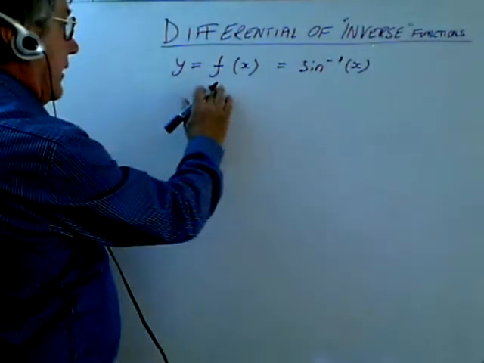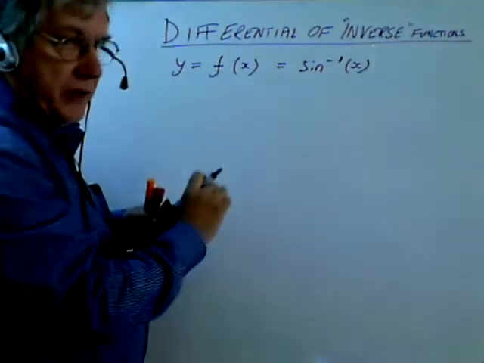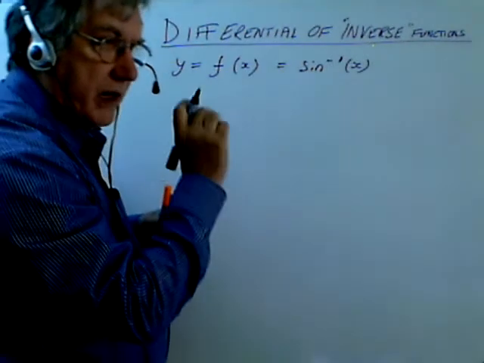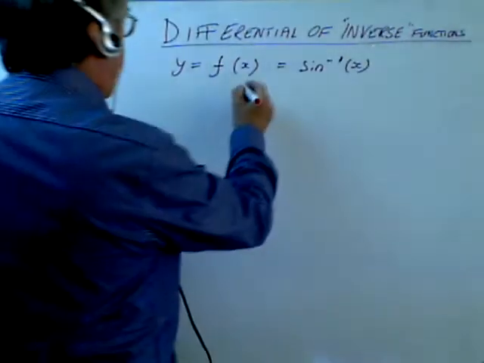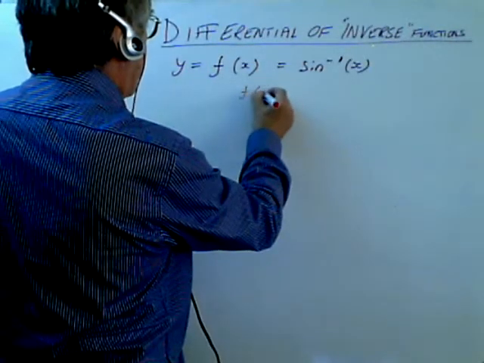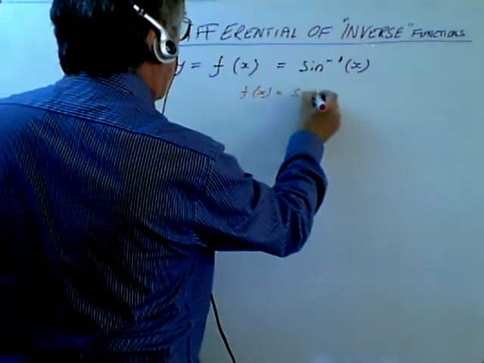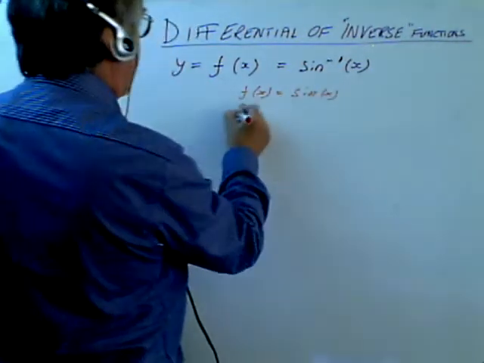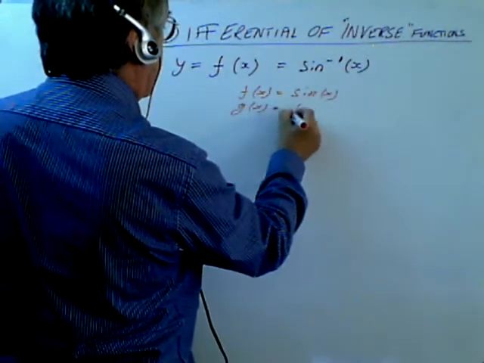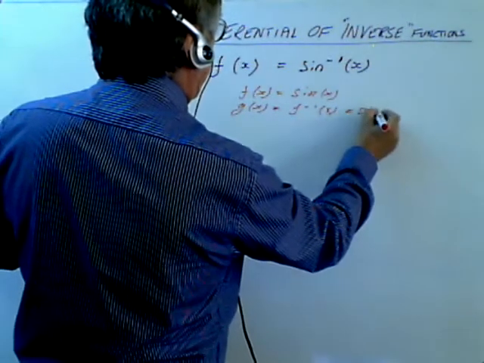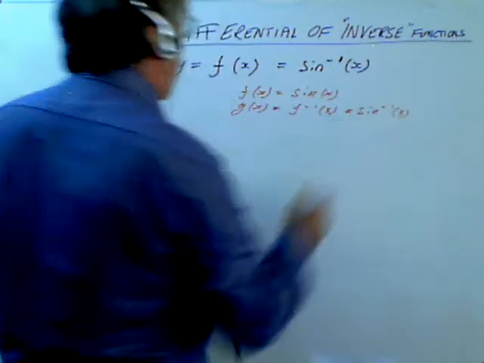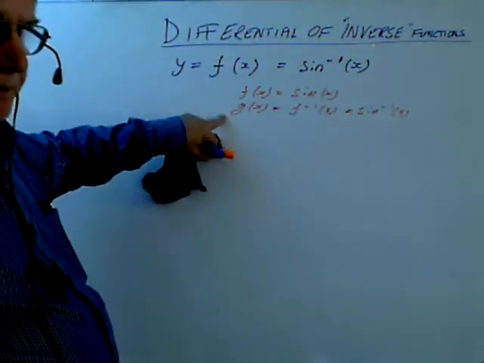Notice that I've written the function as the inverse function. What I have not written, I don't want to confuse you, is that if f of x is equal to sine of x, then we let g of x, some other function, equal f minus 1 of x, which is equal to the arc sine of x. I could have approached the problem that way.